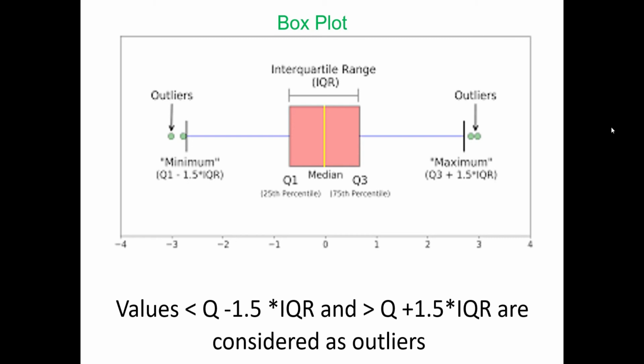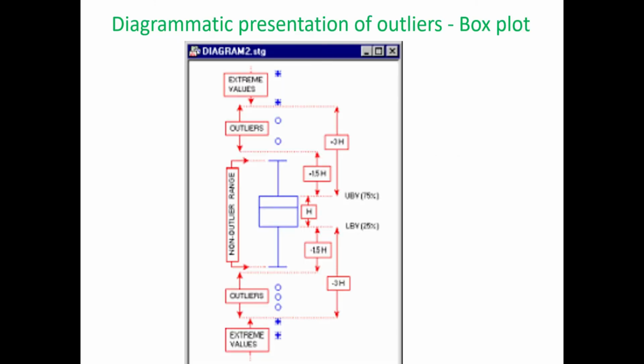So any values below this or any values above this, we can say these are the outliers. So values less than Q1 minus 1.5 IQR and more than Q3 plus 1.5 IQR, we can declare as outliers. So by using this box plot, you can declare which data we are ignoring, and with proof we are showing it. Something like this.